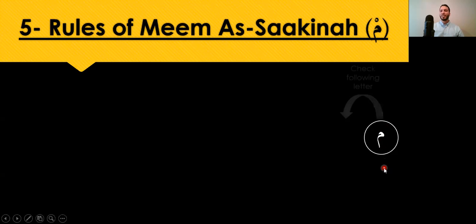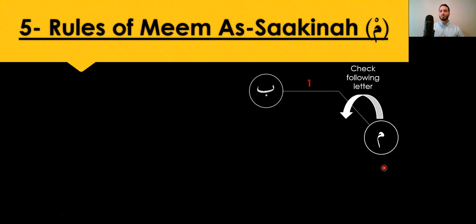I stop. I ask myself, what is the following letter? What is the letter after my meem? If it's a Ba, I do ikhfa. I hide the meem. I do not touch my lips together. I keep them close and I make them vibrate, and I prolong my meem sound from my nose.